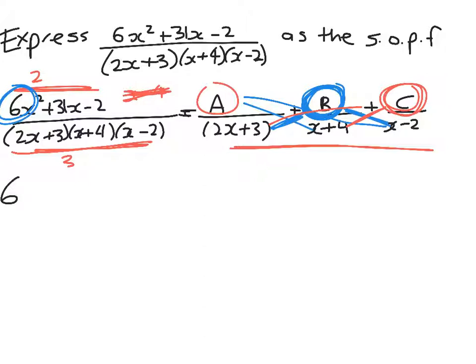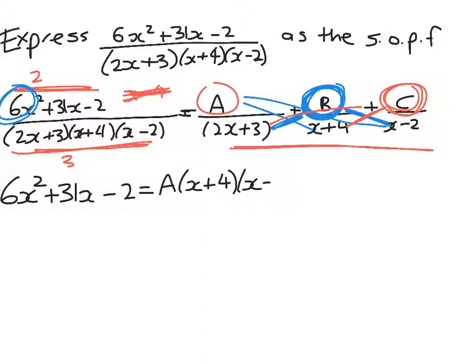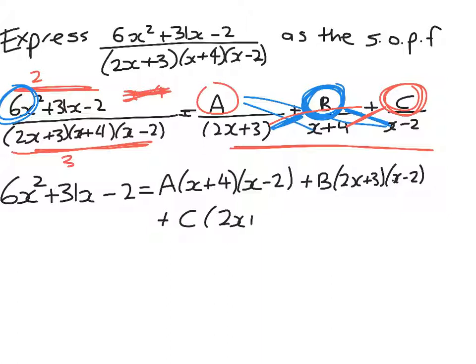So the numerator 6x squared plus 31x minus 2 is equal to a times x plus 4 times x minus 2, plus b times 2x plus 3 times x minus 2, plus c times the other two factors, like that.